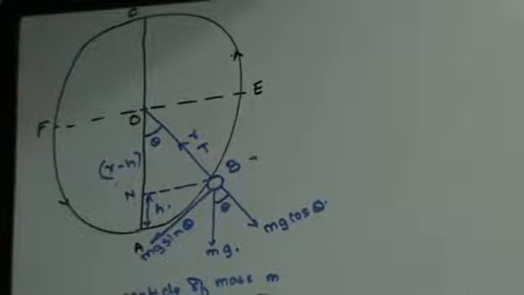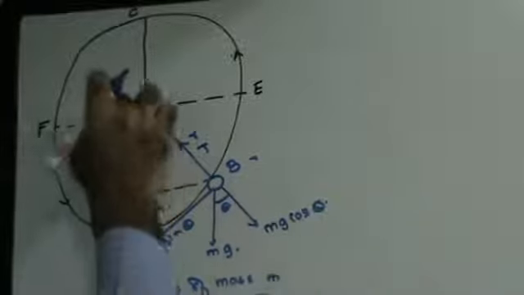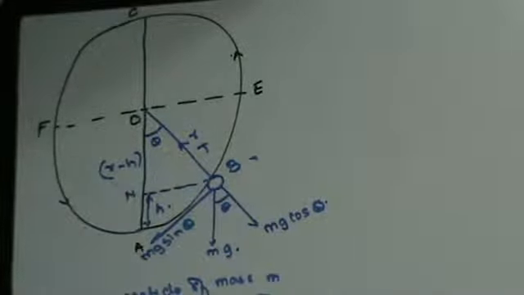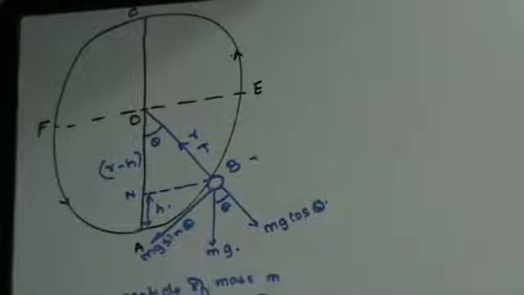The net force that will be acting in upward direction will be T minus mg cos theta. Now since it is acting in upward direction, it is acting towards the center. That means it has to be centripetal force. Therefore, the difference between the two is going to provide the necessary centripetal force, right?